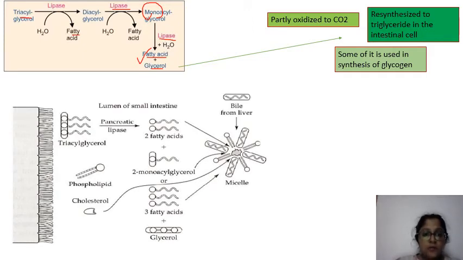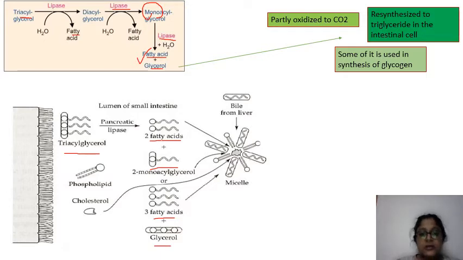Now, over here, we can see that triacylglycerol on the action of this pancreatic lipase is getting converted to 2 fatty acid and 2 monoacylglycerol, or 3 fatty acid and glycerol.